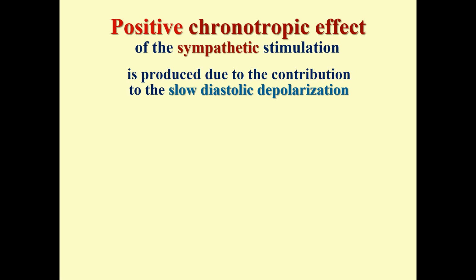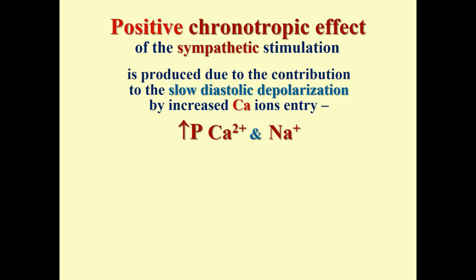It's produced by the slow diastolic depolarization, higher velocity, and it's achieved through higher entry of calcium because more channels become available. And as sodium can also pass through these channels, we can mention also sodium. But predominantly we say calcium is number one. Increased permeability for calcium and sodium.